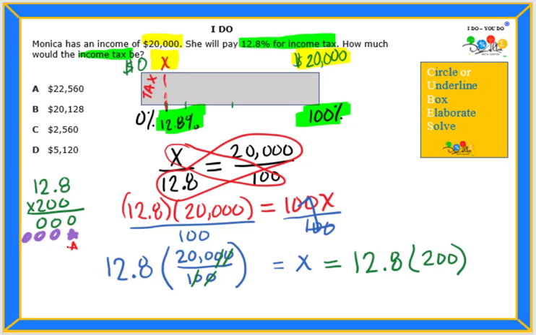Now we're going to put two placeholders because we're multiplying by 2. And so 8 times 2 is 16, carry 1. 2 times 2 is 4, and 1 more is 5. And then 2 times 1 is 2. So if we add this up, we get 0, 0, 6, 5, and 2.